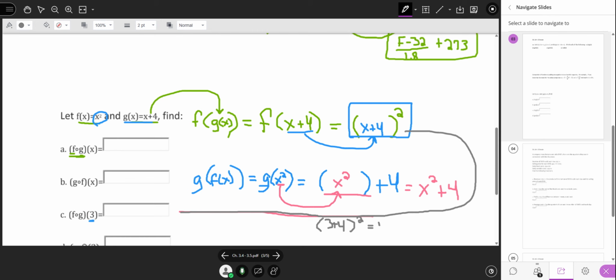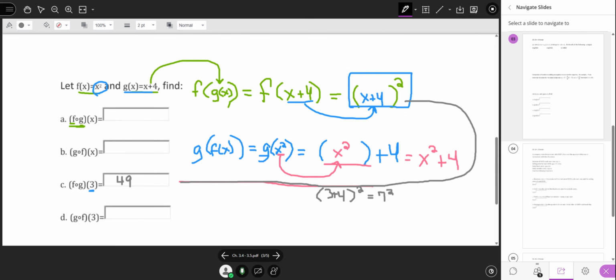So that gives me 7 squared. Let me not tell you what it isn't. Let me tell you what it is. It's 7 times itself. So 7 times 7, which is 49. I don't want to tell you what it isn't because then it'll get stuck in your head, and then that'll get you all messed up.